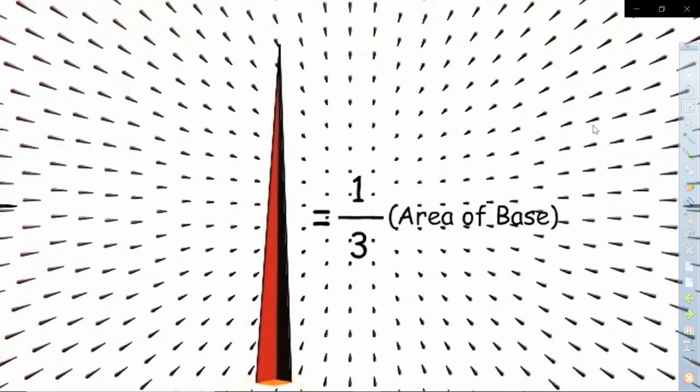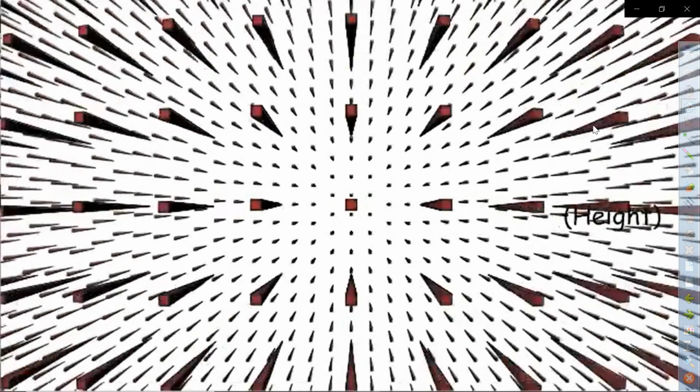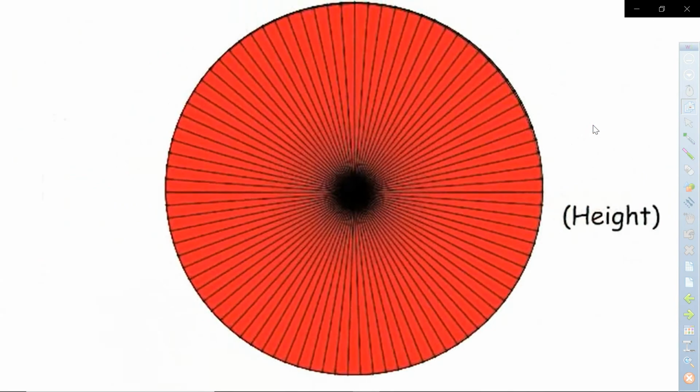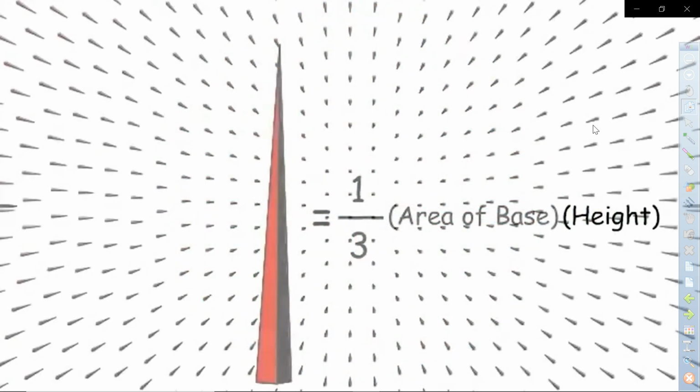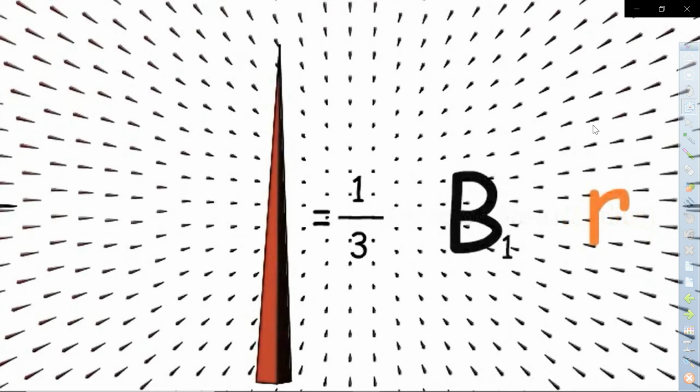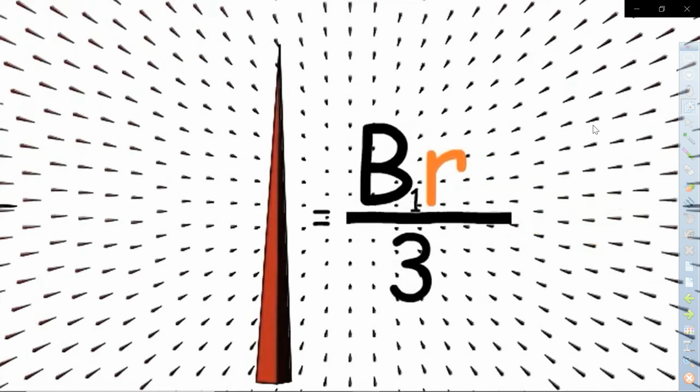Okay, and just a reminder, the formula to find the volume of a pyramid is 1/3 area of the base times height. These are all the heights of all the pyramids. Okay, which was the radius of the sphere. Okay, so they're just substituting radius for height. Okay, and just rearranging the ratio.